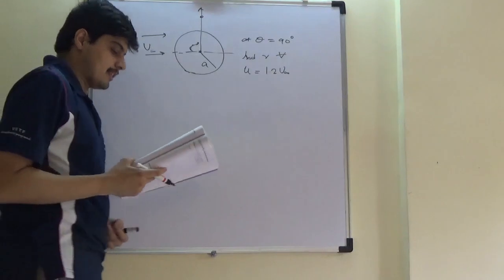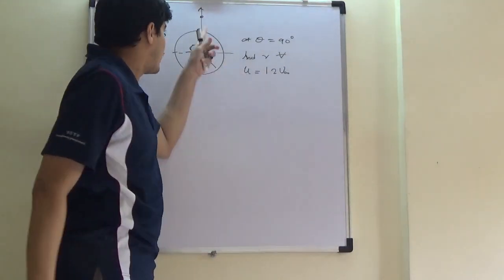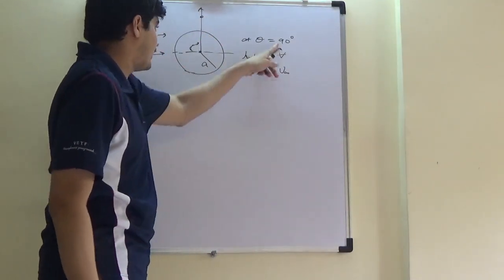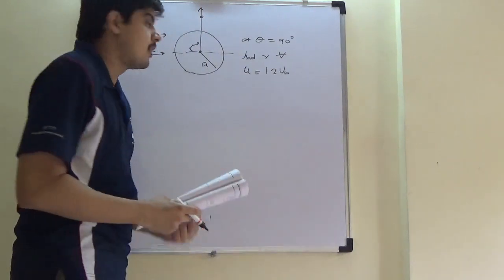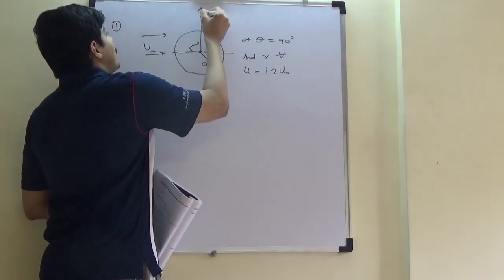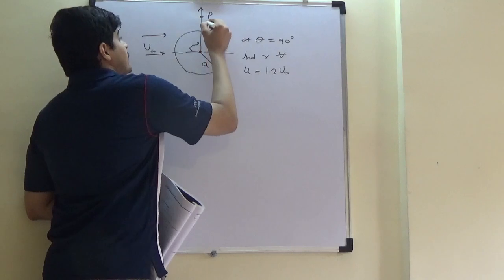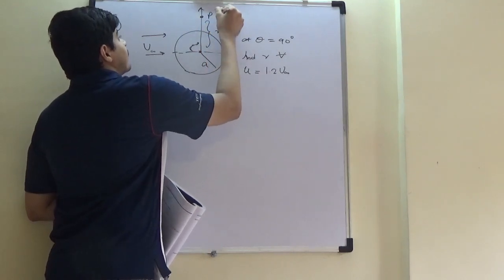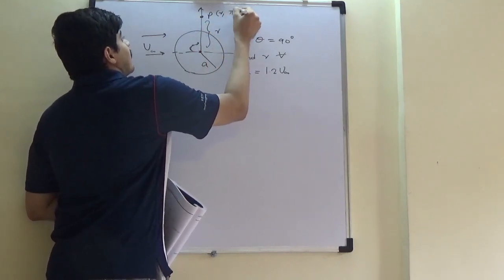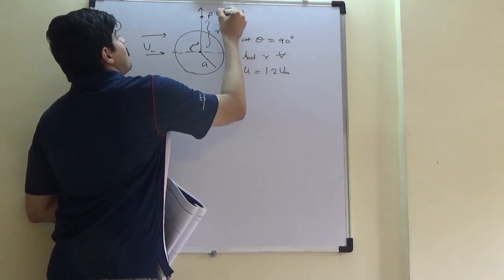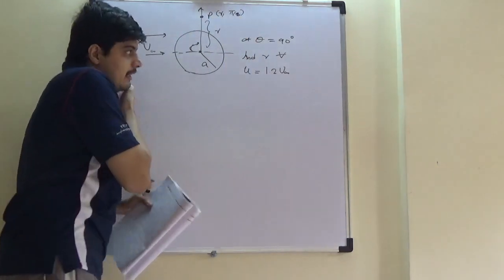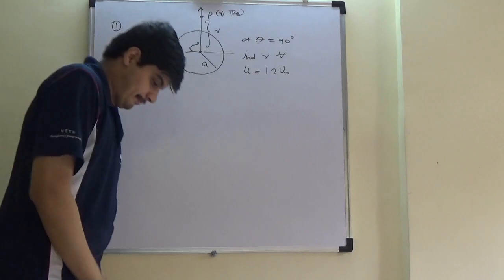So this is a typical cylinder problem wherein we have been asked to find, on this axis where theta is 90 degrees, a pinpointed location, some point P at a distance r, with coordinates r comma pi by 2, where velocity is 1.2 u infinity.